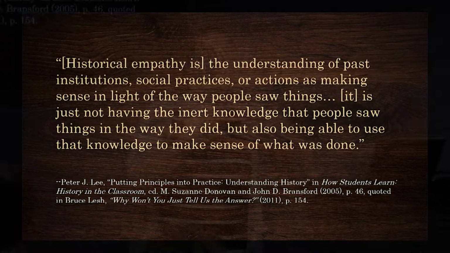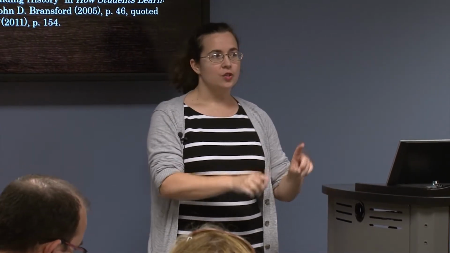So, understanding that everyone has a different perspective, but that perspective does not just float around in a vacuum. It is rooted in a particular time period that will make it make more sense. So historical empathy is trying to make a person's decision make more sense.